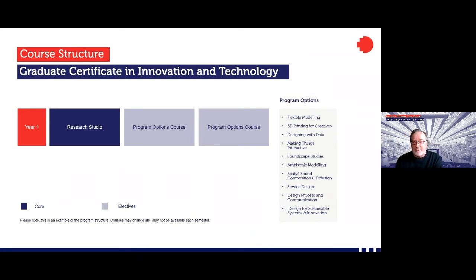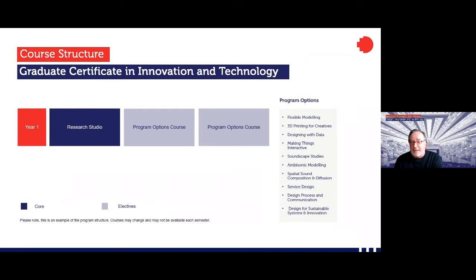So the electives or program options, and you see them listed down below, there's a whole series of those which provide you with specific knowledge about the areas of the research streams we're talking about and give you the sort of confidence and background in order to tackle complex design projects in particular streams.